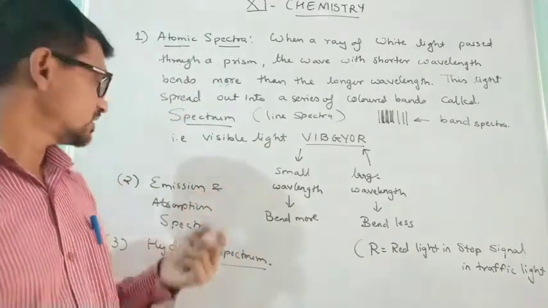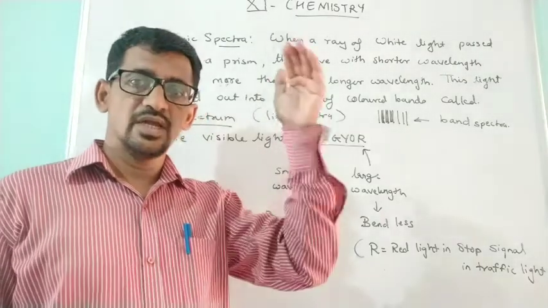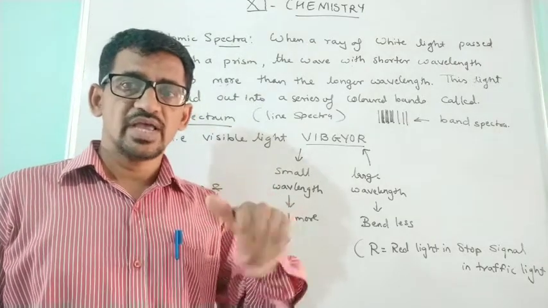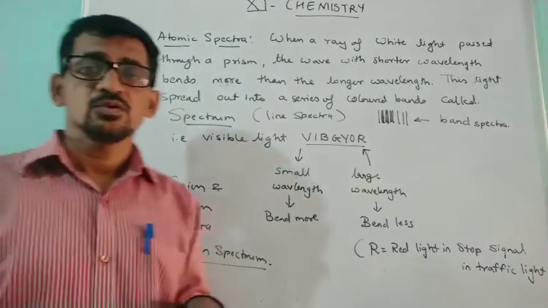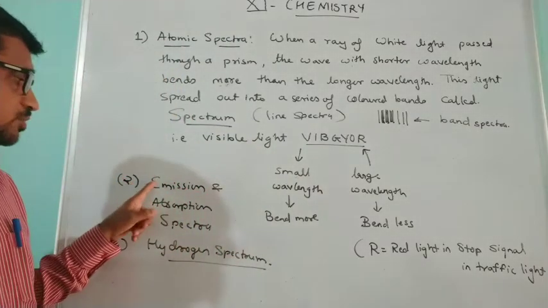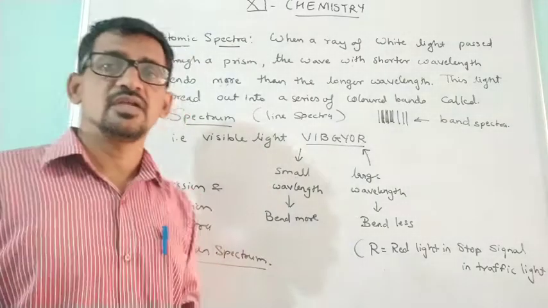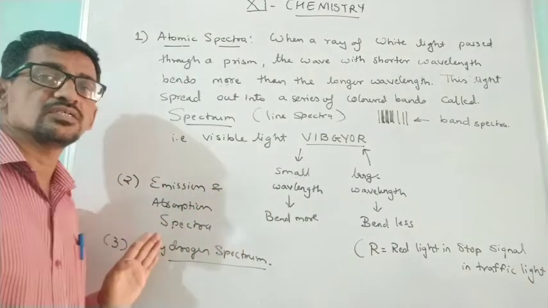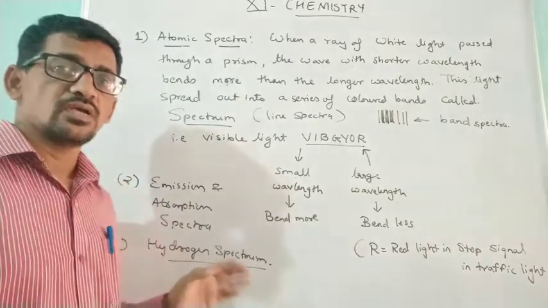That is known as absorption spectra. Again that electron comes back to its normal position by emission of light. That is known as emission spectra. We will also discuss how this energy is related with the wave number, and in the end we discuss the hydrogen spectrum, where there are different series.